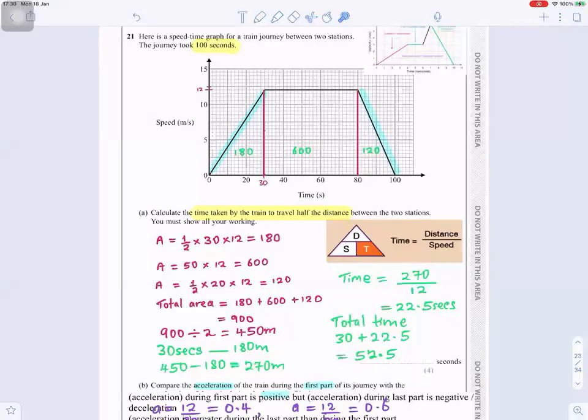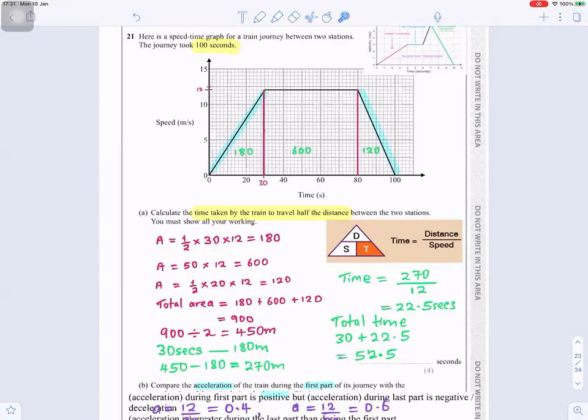So we want to work out the area of, we divide it into this first triangle and a rectangle and another triangle. The area of this triangle is half times the base, which is 30, times the height, which is 12. So the area is half times base times height, 180.